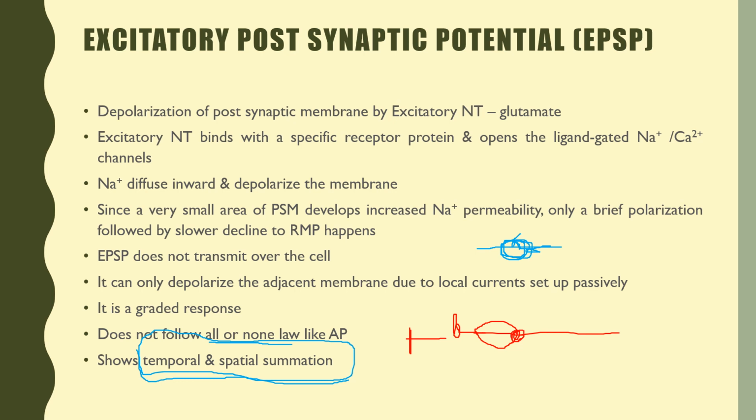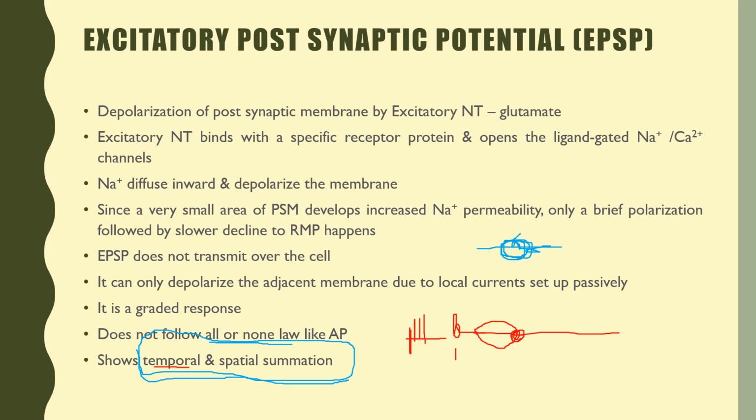Then there comes the second impulse of the same neuron. After a very brief interval, we are giving very little time, like 3 or 4 consecutively. Then whatever the EPSP is happening from the first stimulus, second, third and fourth, they will get added up, summed up. That is called temporal summation.